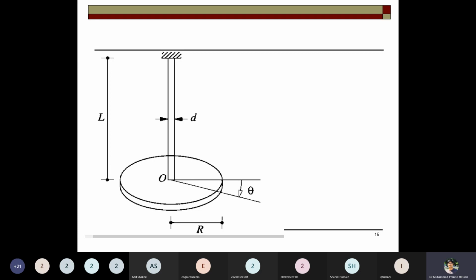But how is stiffness used in case of rotation, when rotation is applied on a structure? Let's say this is a disk where a rotational force is applied at the base, and it is rotated by angle theta. Then how do we write down the equation of motion for this case?